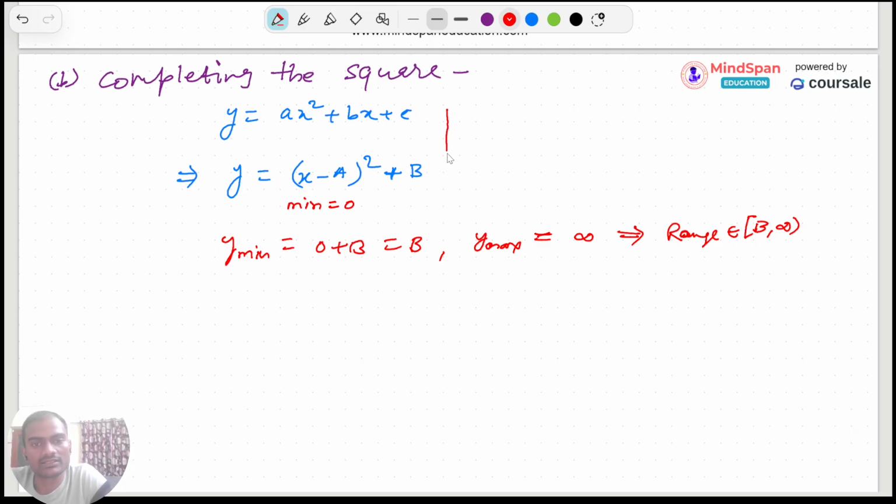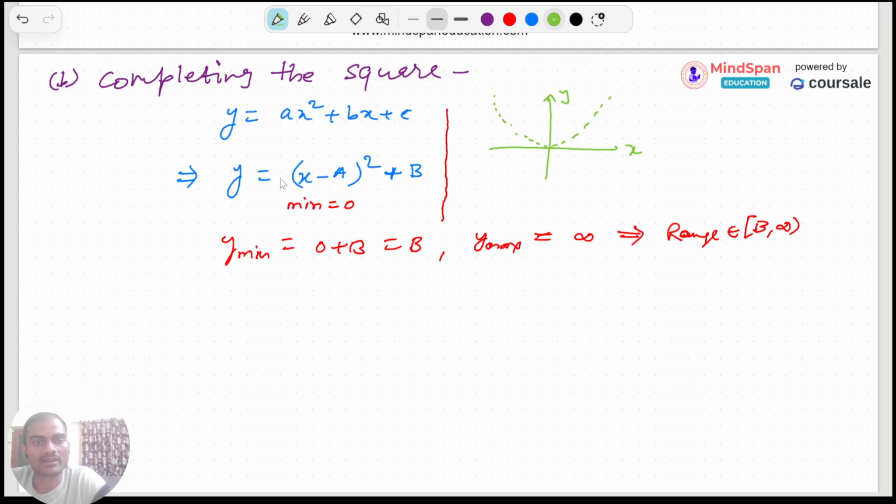If we look at its graph, then you will get more clear idea. If you draw the graph of this function, then the graph will give you minimum and maxima more clearly. If we say this y and this is x, normal graph of y equal to x square is like this. It goes through 0.